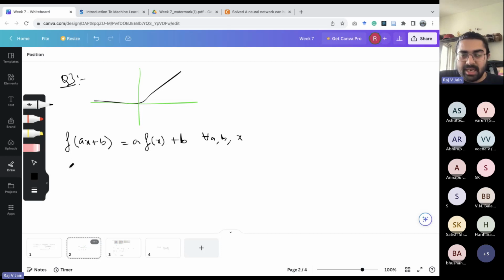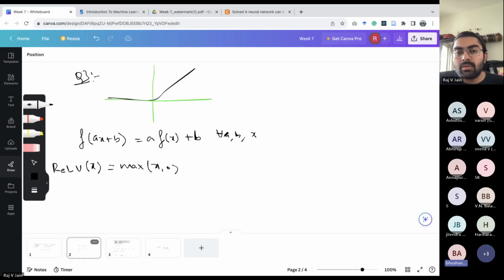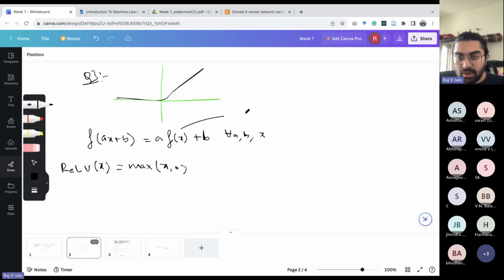All right. What is the first equation written? f of ax plus b is equal to a f of x plus b. This is the way you define a linear function. If a function satisfies this property, then it's a linear function. Okay. Agreed.